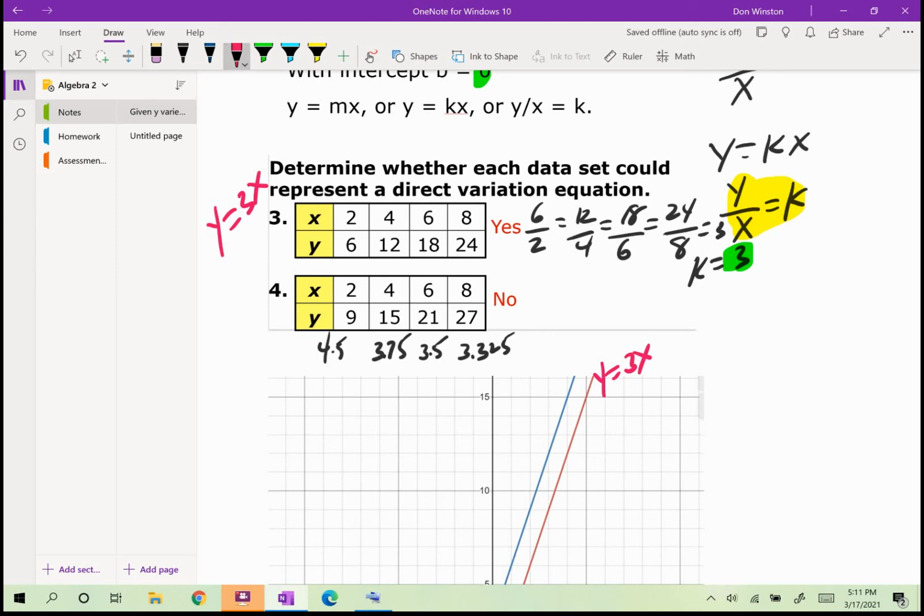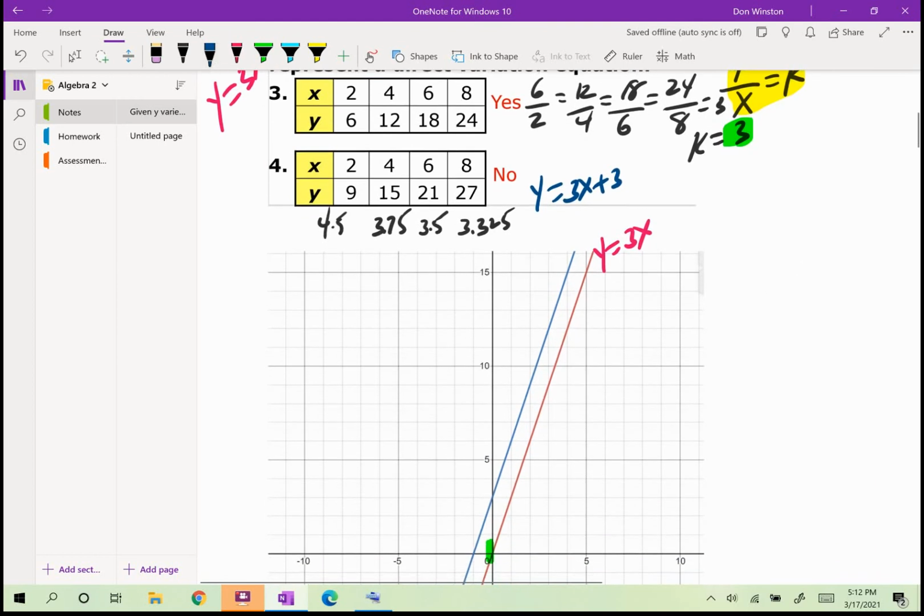The equation that would explain the data in that table would be, let me see, I believe that would be 3x plus 3. Let me write that in blue. So that would be y equals 3x plus 3. When x is equal to 2, 3 times 2 is 6, and 6 plus 3 is 9. 4 times 3 is 12, plus 3 is 15. 6 times 3 is 18, plus 3 is 21, and 8 times 3 is 24, plus 3 is 27.